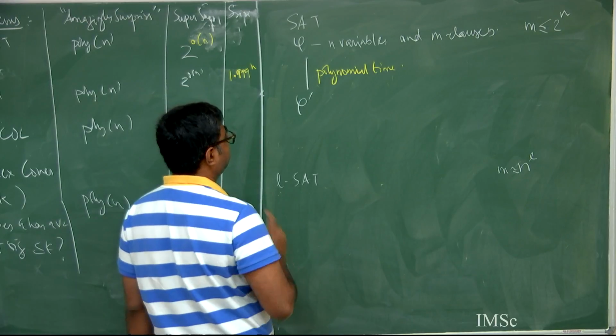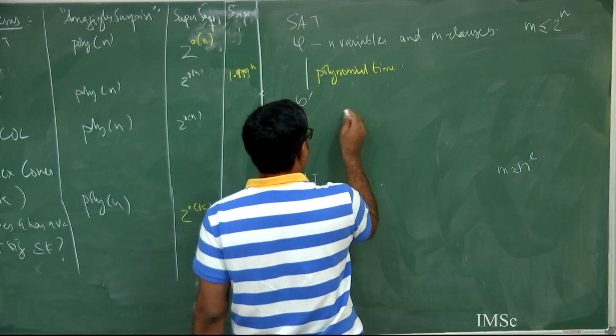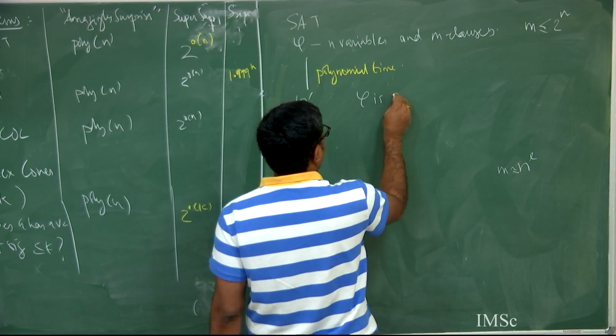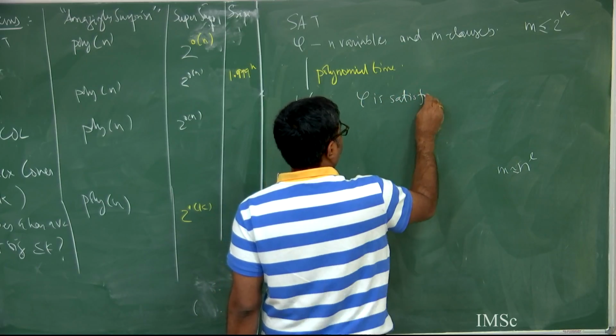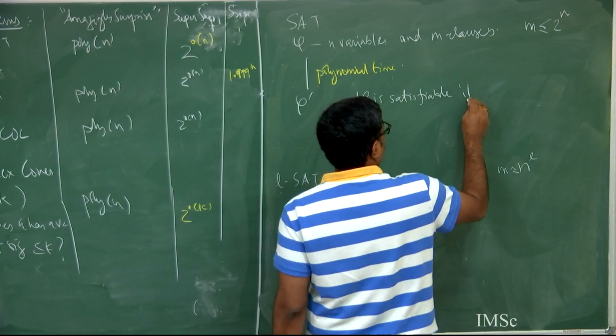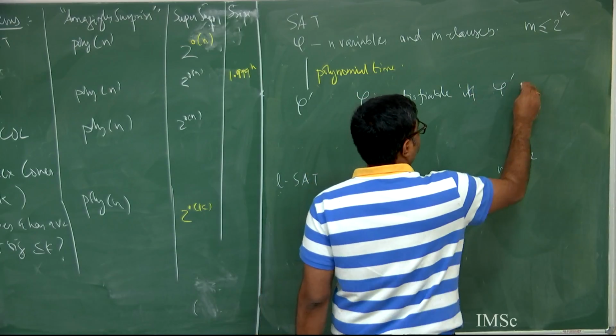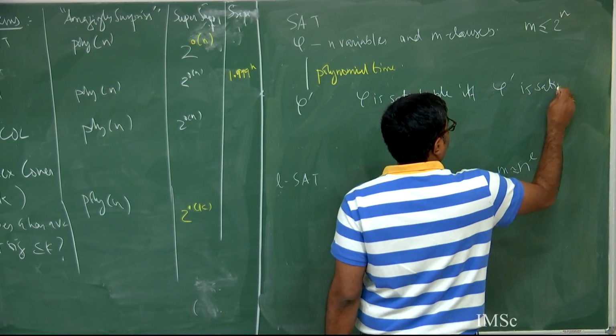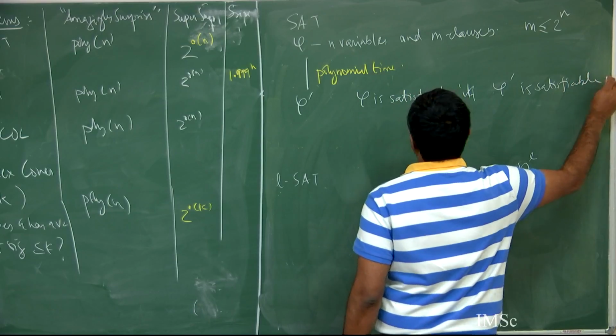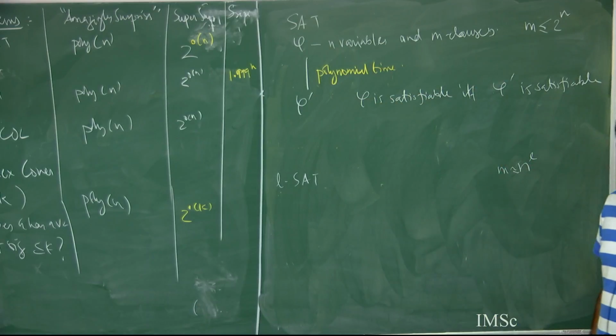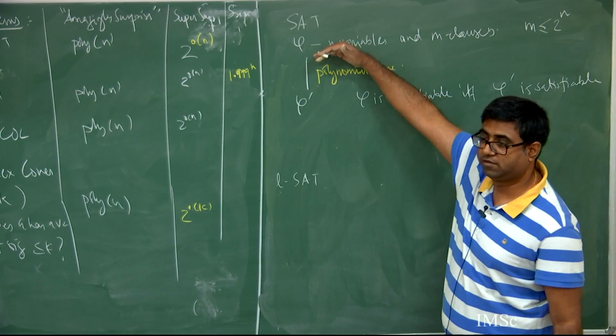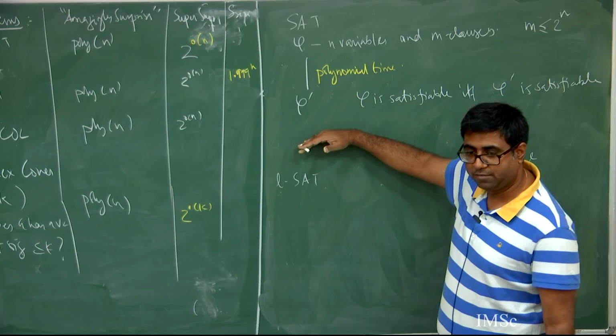Phi prime with the property what? Phi is satisfiable if and only if phi prime is satisfiable, right? So in polynomial time I have got something which is phi prime, but I have not changed the answer. If I started with a satisfiable formula, I still have a satisfiable formula.